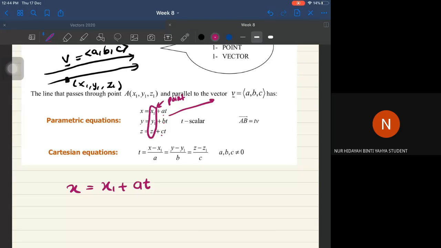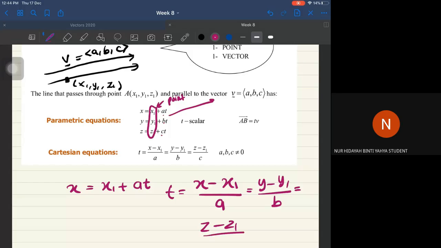Kalau saya nak jadikan t sebagai subjek, saya akan dapat x minus x1 over a. So t sama dengan x minus x1 over a. Untuk y pun sama, dia akan jadi sama dengan y minus y1 over b, sama dengan z minus z1 over c.